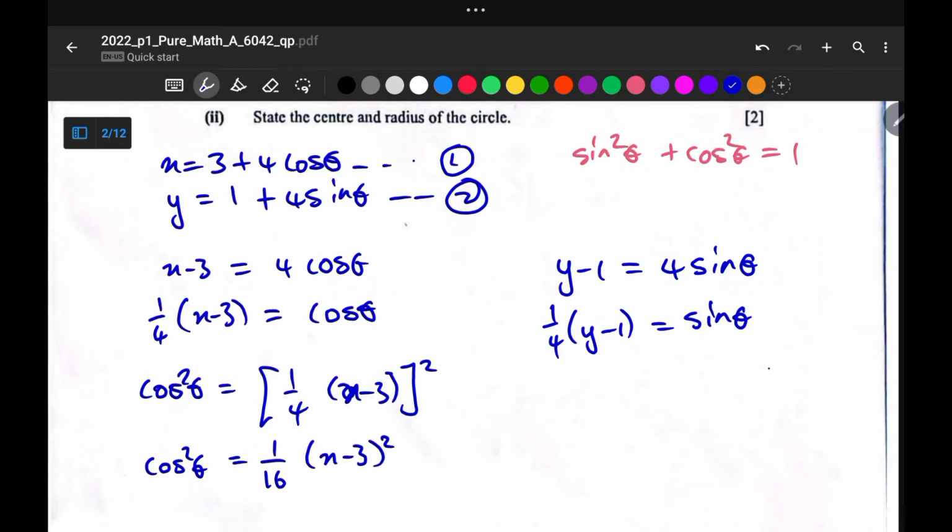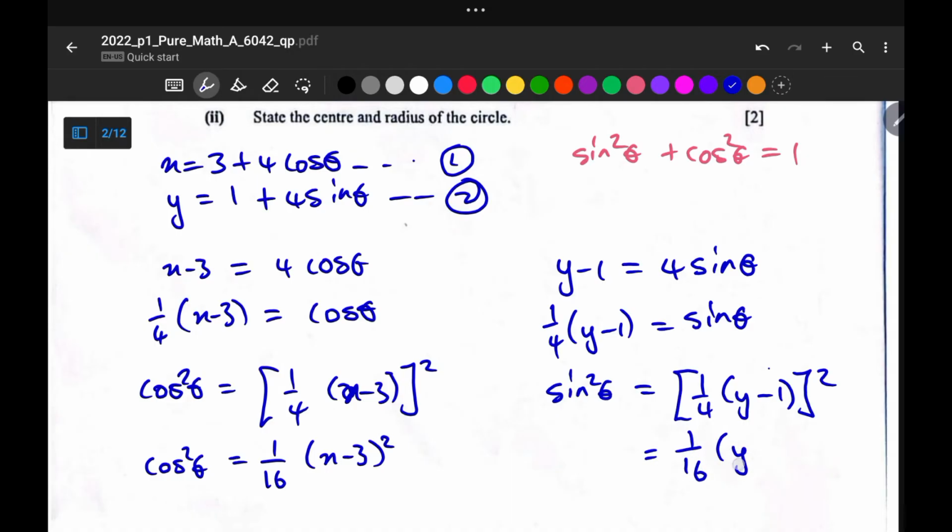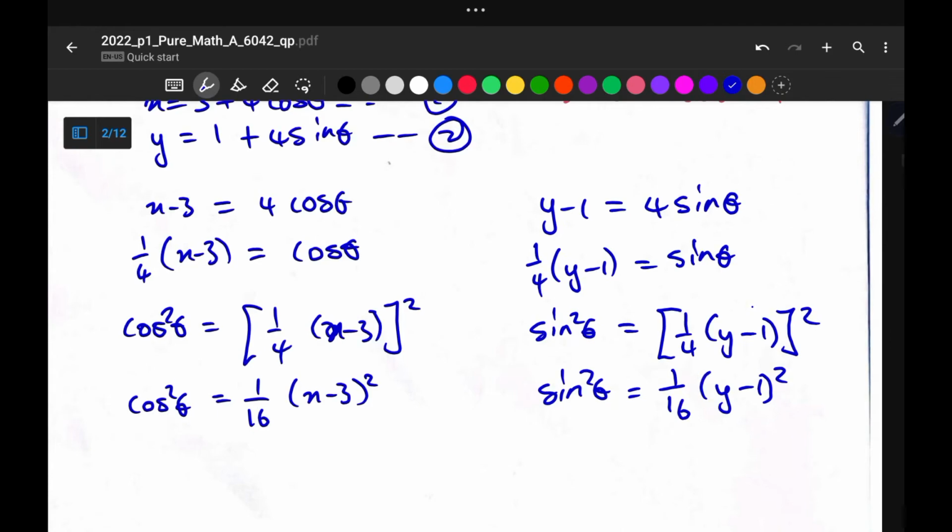If we square both sides, we get sine squared theta equal to 1 over 4 times (y minus 1), all squared. This gives us the square of 1 over 4, which is 1 over 16 times (y minus 1) squared, equal to sine squared theta. So here we now have cosine squared theta, and we also have sine squared theta.